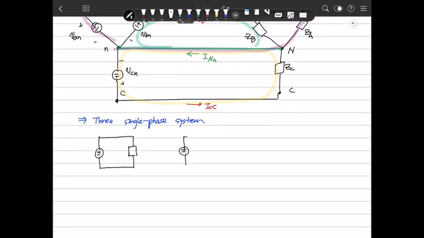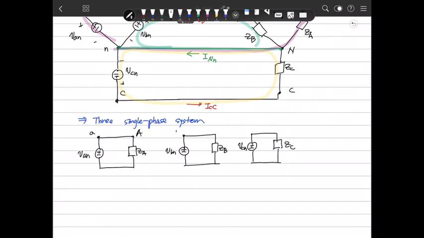Like here, here, here: VAN, GA, VBN, GB, VCN, GC.